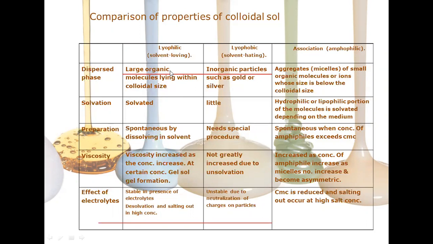For lyophilic or solvent loving colloid, the dispersed phase is large organic molecules lying within the colloidal size. For lyophobic, the dispersed phase is inorganic particles such as gold or silver. And for association or amphiphilic colloid, the dispersed phase is aggregates or micelles of small organic molecules or ions whose size is below the colloidal size.